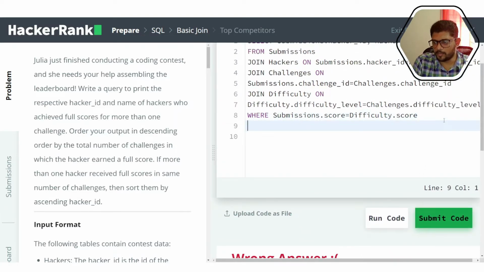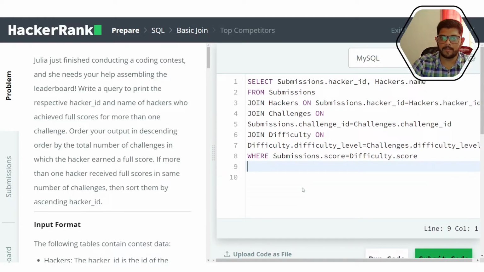We are going to do group by, right? Let's do group by. We are going to group by submissions.hacker_id.